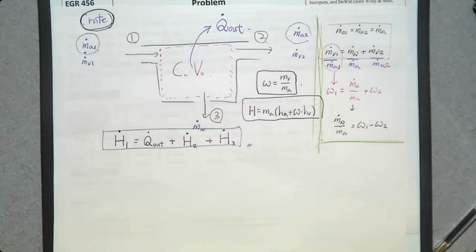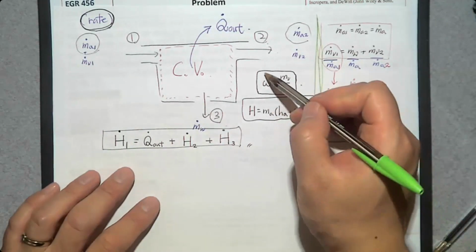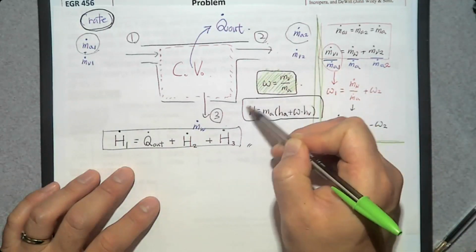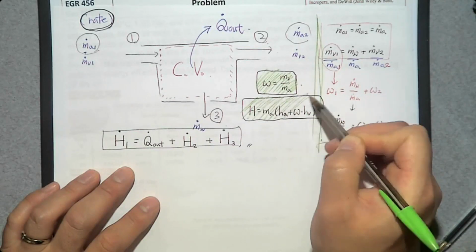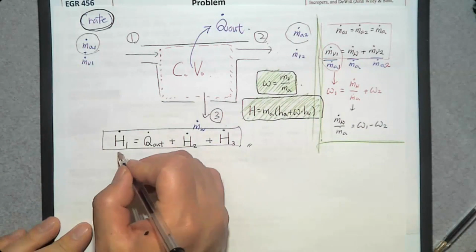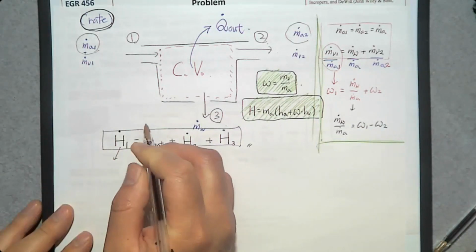This is what we studied last week. So this is the first one that we studied for humidity ratio. This one is how you determine the mixture enthalpy. And we have H1. So it's going to be m dot A1, hA1, omega 1, hV1. That's how you are going to complete this energy balance equation.